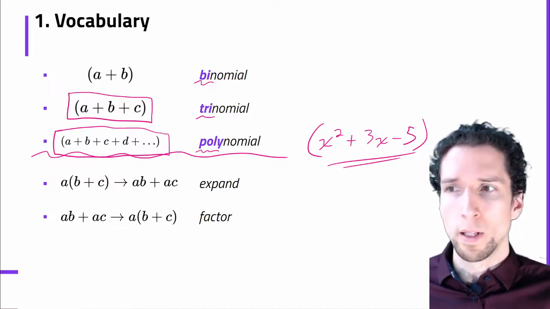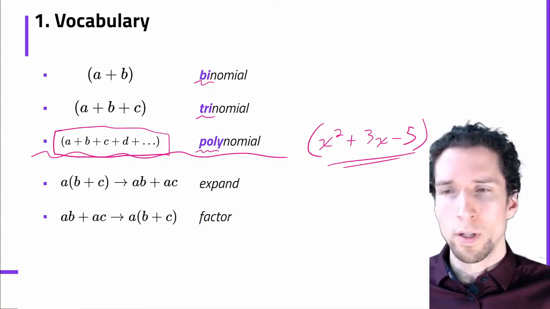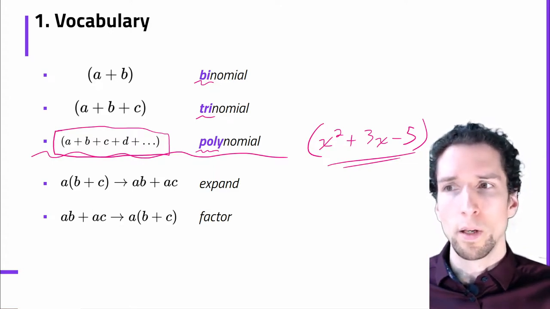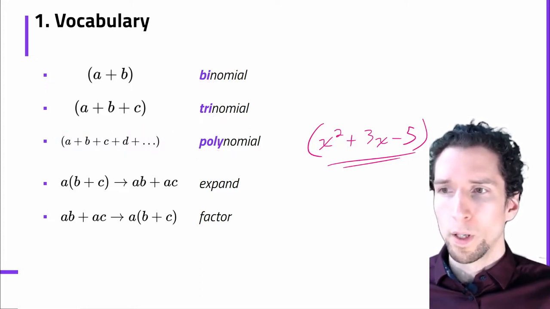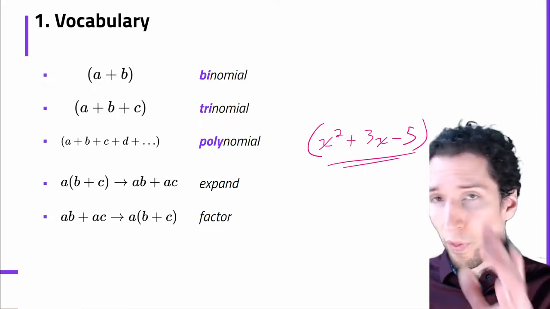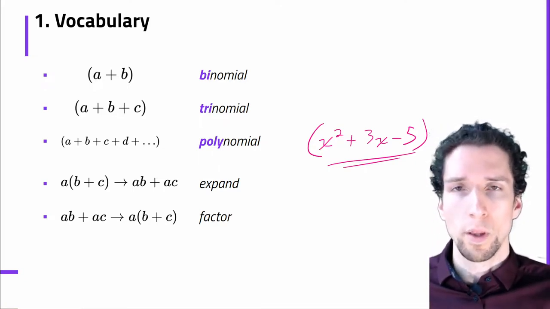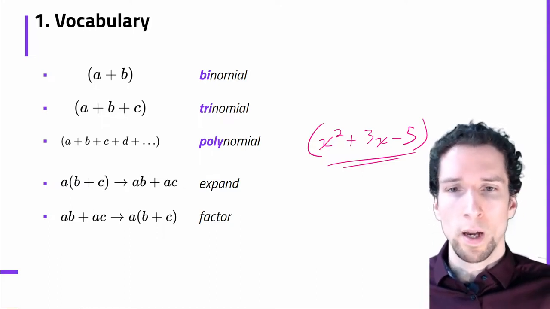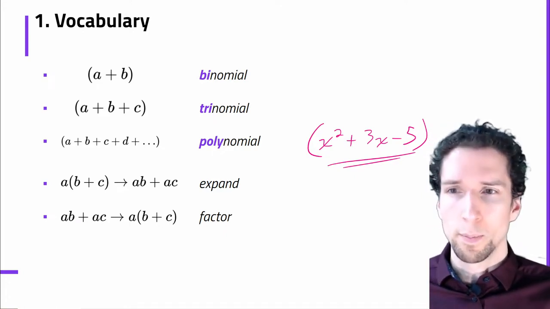And poly just means many. We don't really have special words that we use beyond binomial or trinomial, but those two are definitely worth knowing. A polynomial just means some kind of thing, part of an equation or something inside brackets with multiple parts that we can't, in a regular situation, really simplify further.